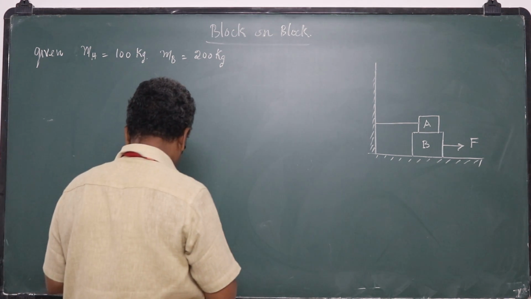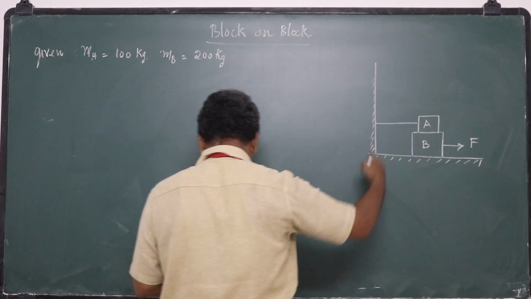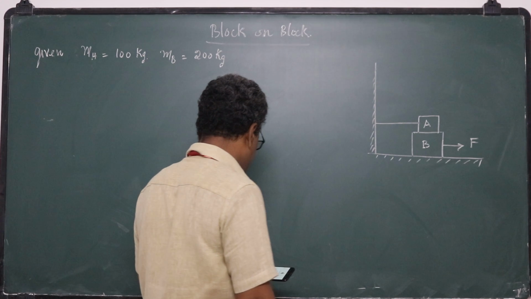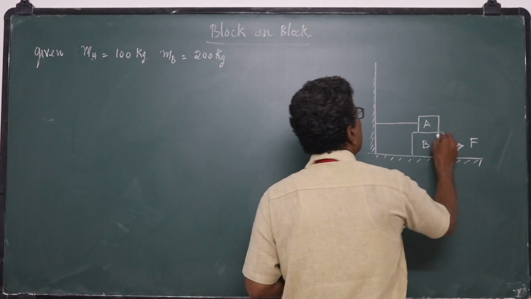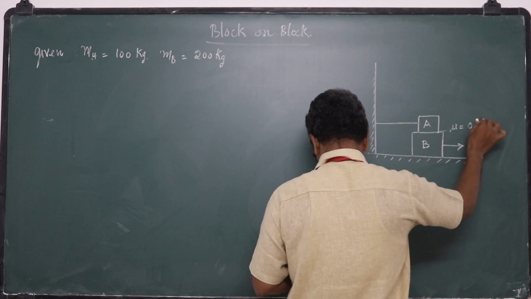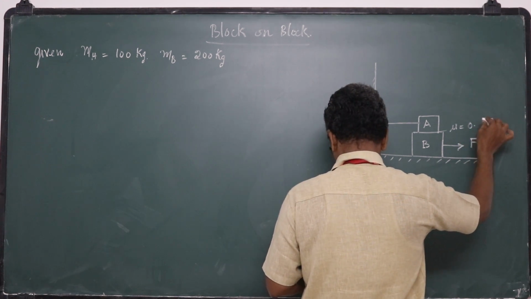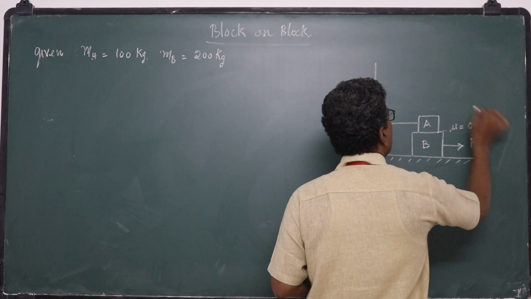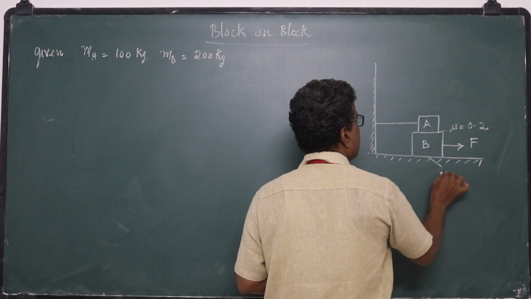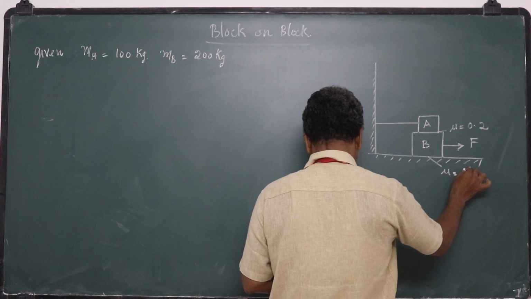The block A is attached by a string to the wall. The coefficient of friction between A and B, mu between A and B, is 0.2. And the coefficient of friction between floor and B is 0.3.